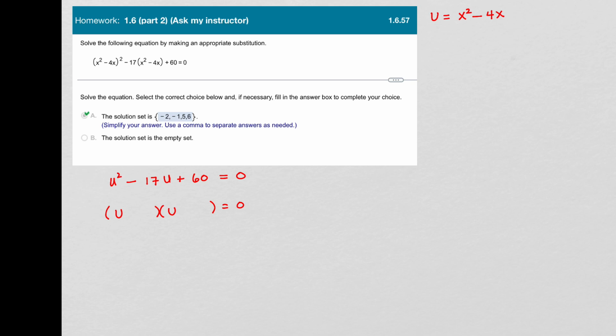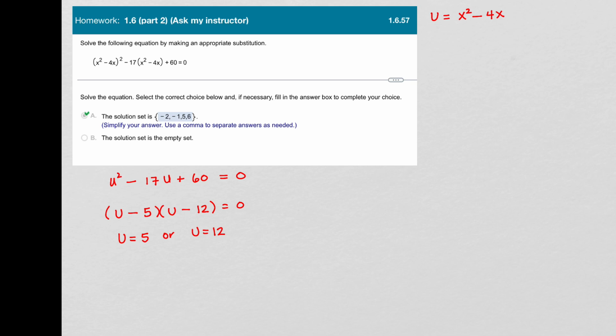I need two numbers that multiply to make 60 and add to make 17. That would be 5 and 12. So it's going to be (u minus 5)(u minus 12) equals 0. And then we get u equals 5 or u equals 12.